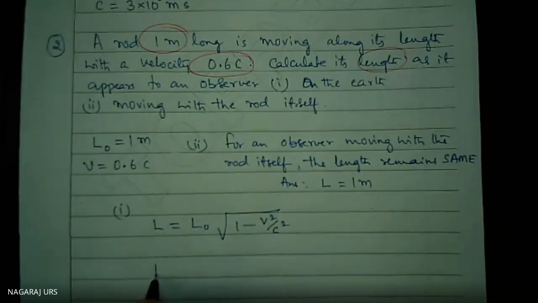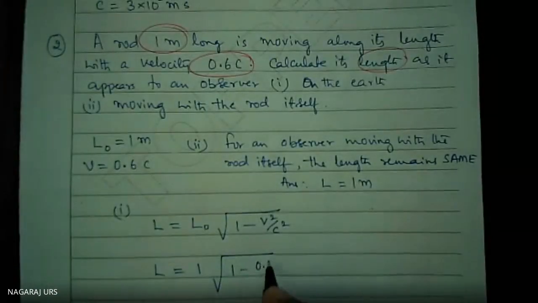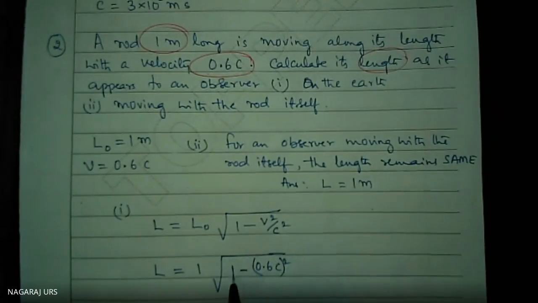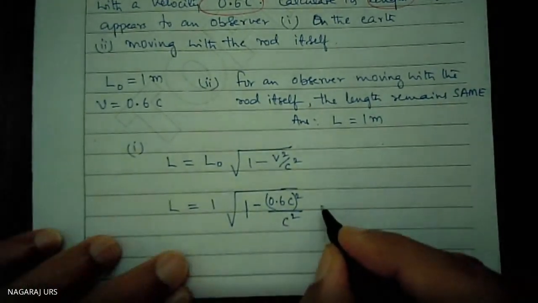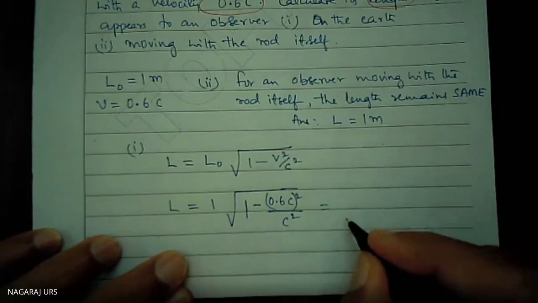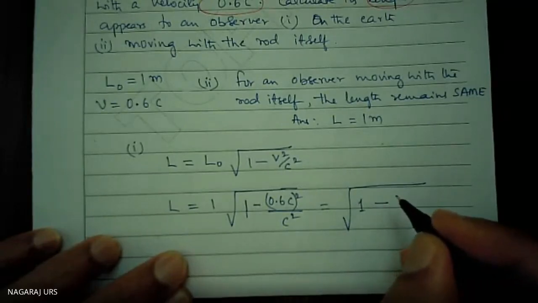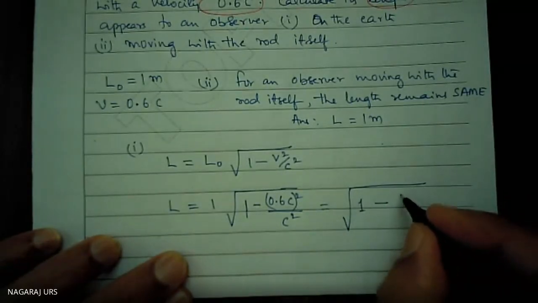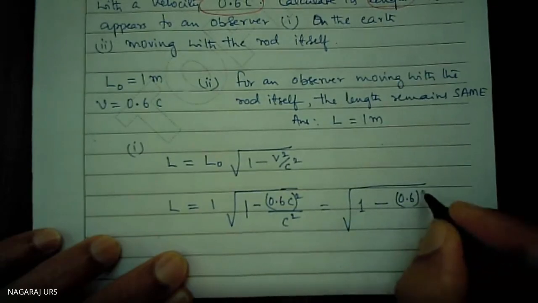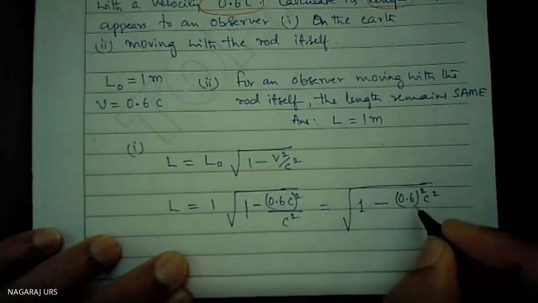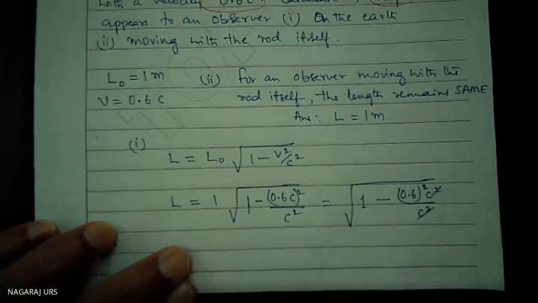L is equal to L naught, value 1, times the square root of 1 minus (0.6 c) square divided by c square, that is square root of 1 minus 0.6 square into c square divided by c square, which gets cancelled.